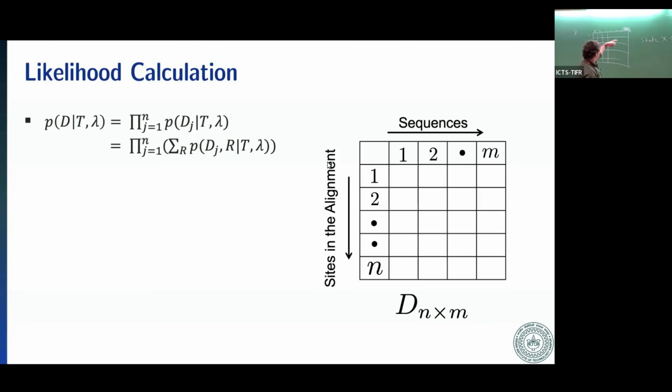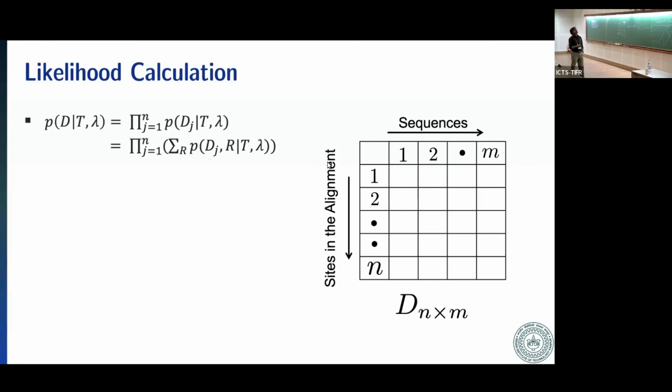So let's say that there are n sites in the sequence, and then m is basically the number of sequences. The transpose of this matrix is drawn over here, really, okay? Don't get confused by that. So this is basically saying that there are n sites in the alignment, m total sequences.